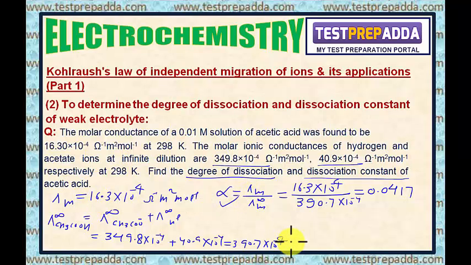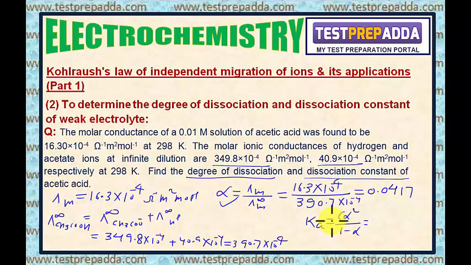And for acetic acid, if I want to find the dissociation constant, I will use Ka is equal to C alpha square upon 1 minus alpha. But you cannot use this expression every time. You have to write the equation of dissociation for the given compound.